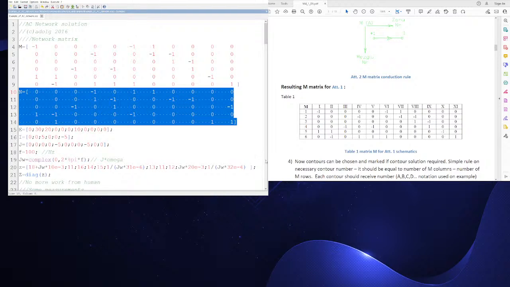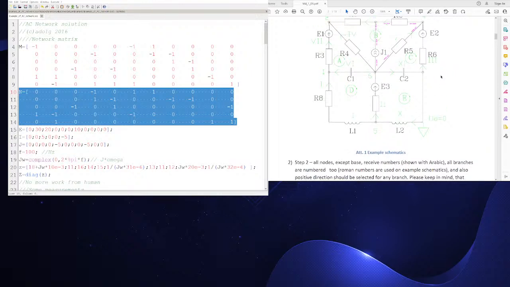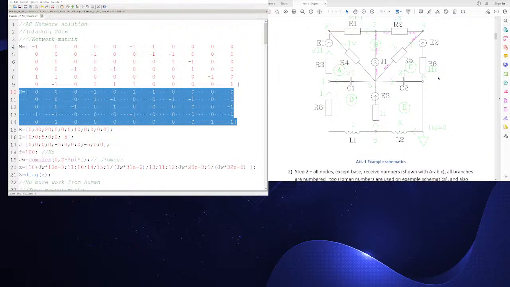It is not always necessary, but for demo purposes I will construct it. How? First, I need to specify the contours. Take the difference between the number of columns and the number of rows in your M matrix, your first incidence matrix.